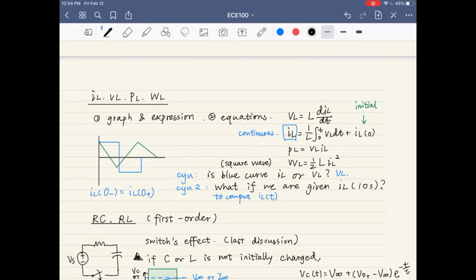Integrate the VL. Yeah, plug it into the integral equation and solve for the unknown. You're right. Let me write it down. So we should change the equation to integrate from t0 to t, and t0 here is 10 seconds, right?